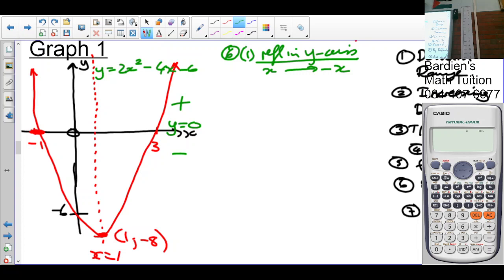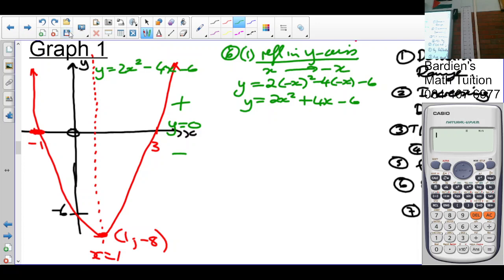So if x becomes negative, then it's y equals 2 times negative x squared minus 4 times negative x minus 6. Wherever I see an x, I put the negative x. So negative x all squared is positive x squared times 2 is 2x squared. Negative 4 times negative x is positive 4x minus 6. Okay? Are you all okay with that? Any confusion?